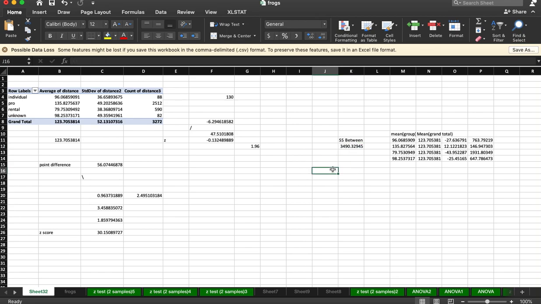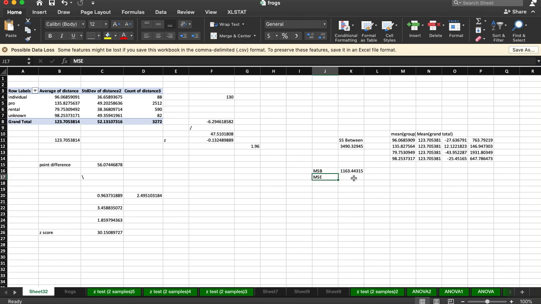Now to get our mean squared between and mean squared error. Mean squared between is going to be our sum of squares between divided by the number of groups minus 1. So this divided by, we have 4 groups, so 4 minus 1 would be 3.